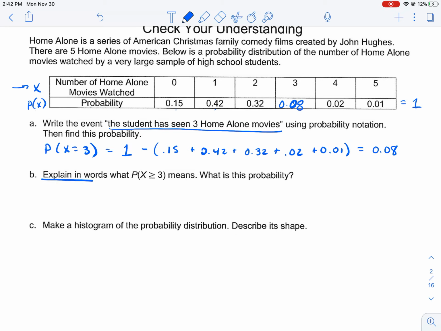They want us to explain in words what P of X greater than 3 means. What is this probability? Well, if this is the number of movies watched, this would be the probability that a student has watched more than 3 movies.